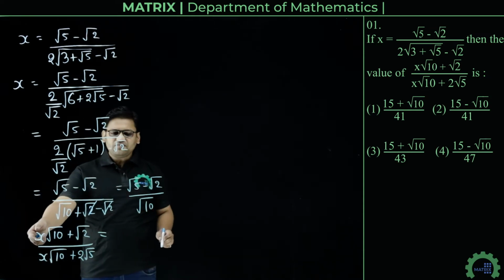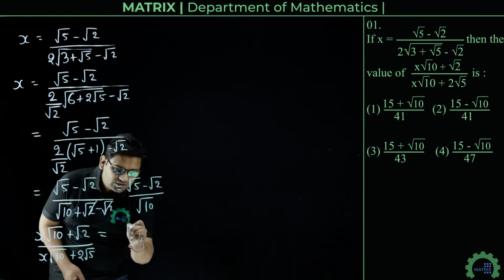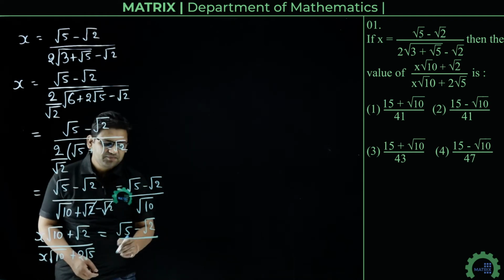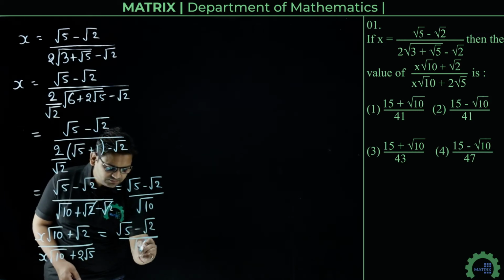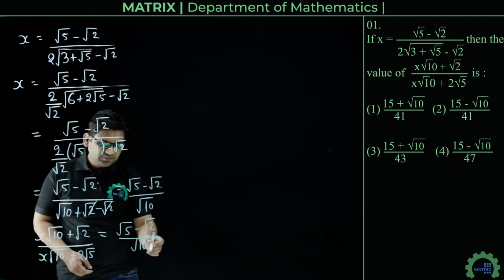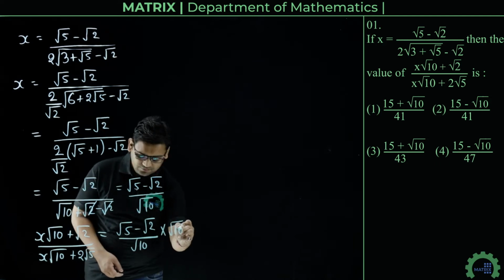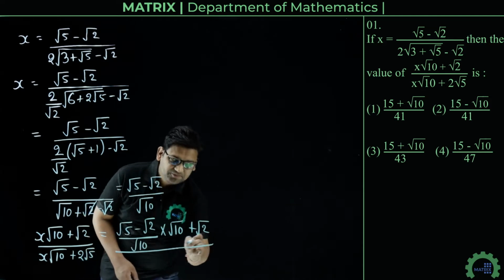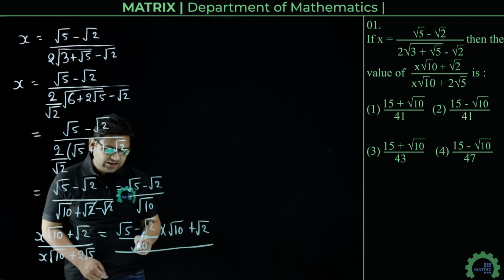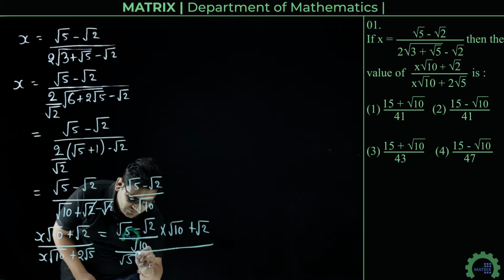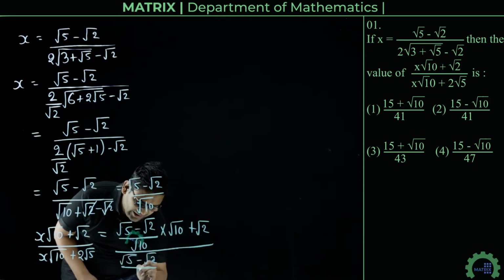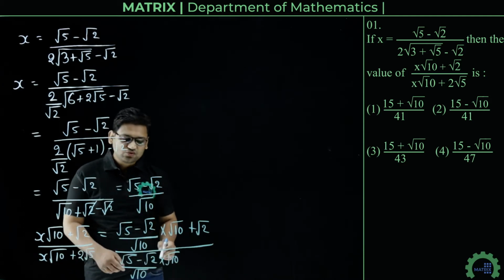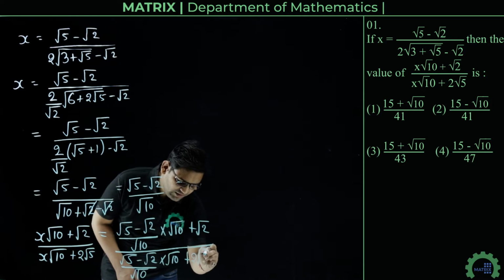Now on putting the value of x here, we get root 5 minus root 2 divided by root 10 into root 10, then plus root 2, whole divided by again x root 10, that is root 5 minus root 2 divided by root 10 into root 10, plus 2 root 5.